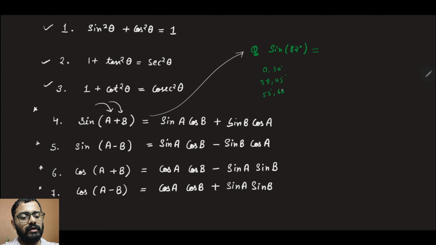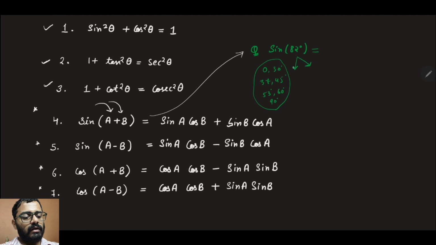And 82 was not there. So here we have to check this 82. It is the sum or difference of which angles that are known to us.